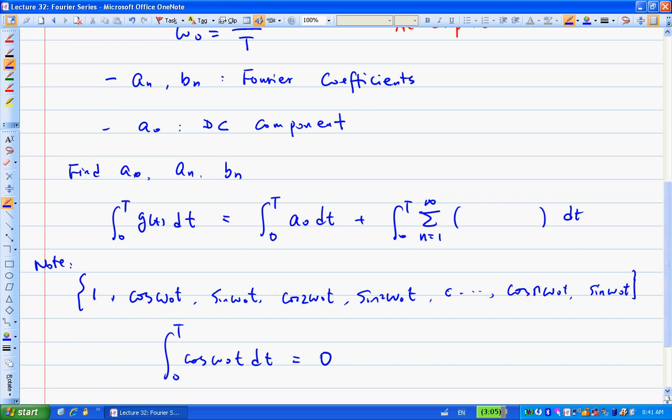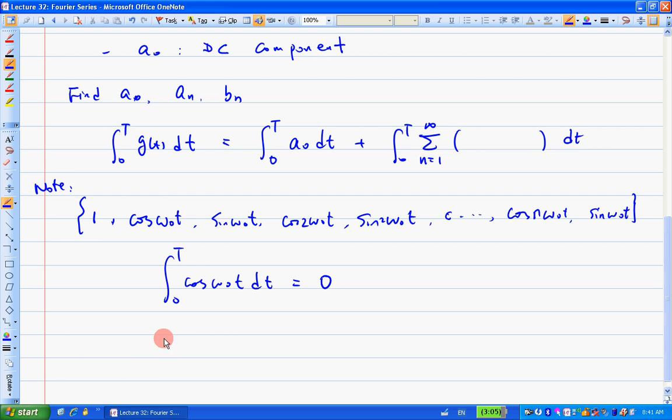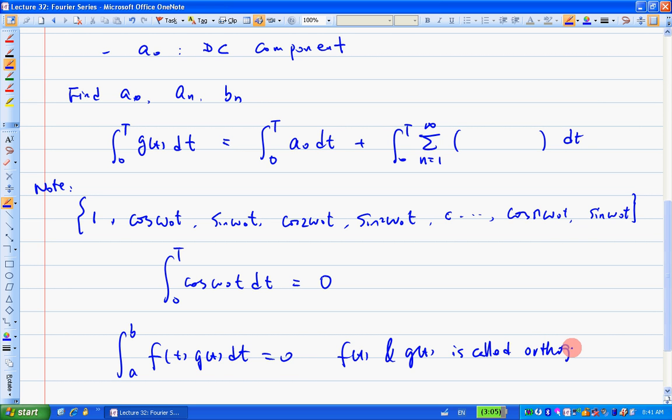So 1 and cosine omega naught t are called orthogonal. Essentially, when you integrate from a to b the product f of t, g of t dt, if the result is 0, then f of t and g of t are called orthogonal. That's just a side note, a little new thing here.